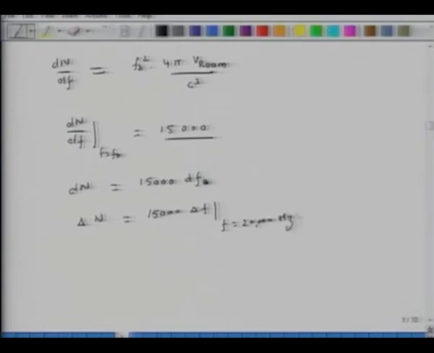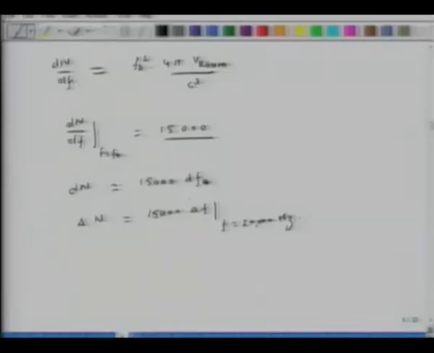So what that means is that at 20 kilohertz, if I increase my frequency from 20 kilohertz to 20,001, I get 15,000 extra nodes in the room.